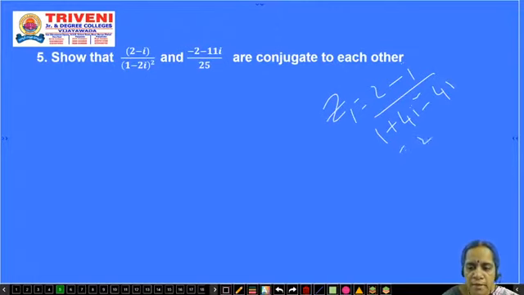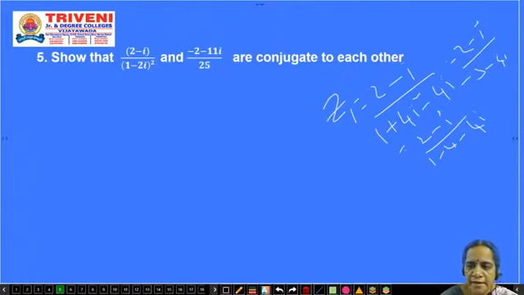Then 2 minus i by 1 minus 4, because i square is minus 1, minus 4i. What do we get here? 2 minus i by minus 3 minus 4i.